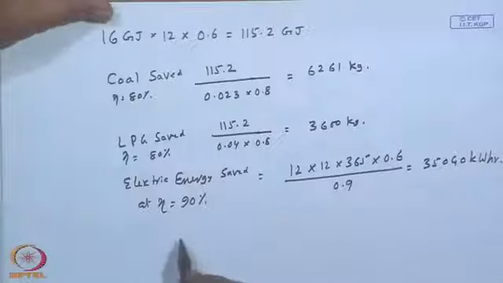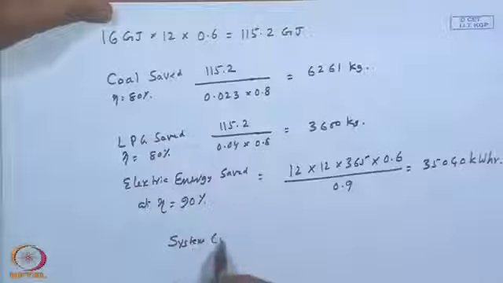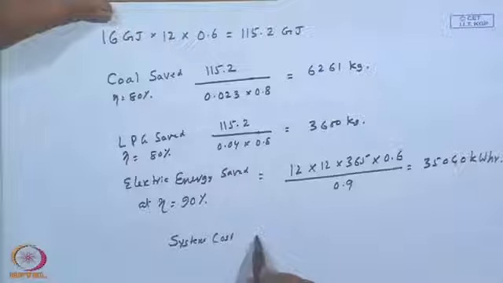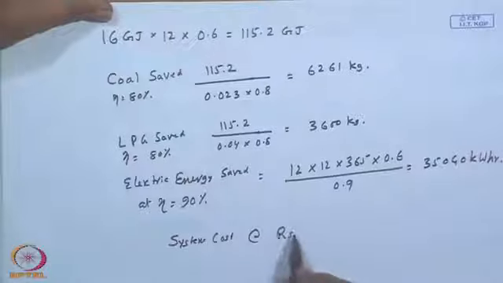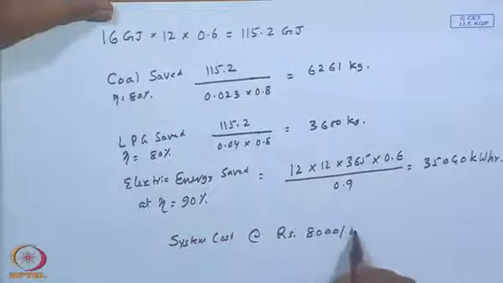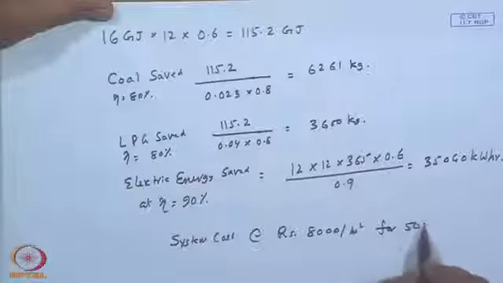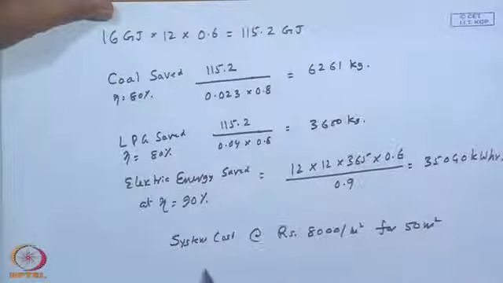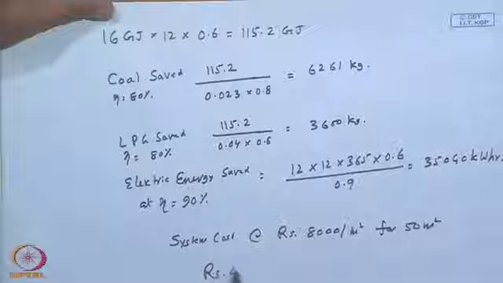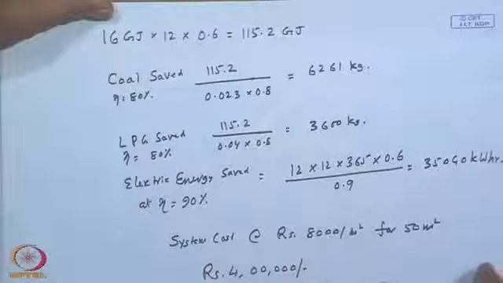And we already estimated system cost at Rs 8000 per meter square, for 50 square meters, will be Rs 4 lakhs.